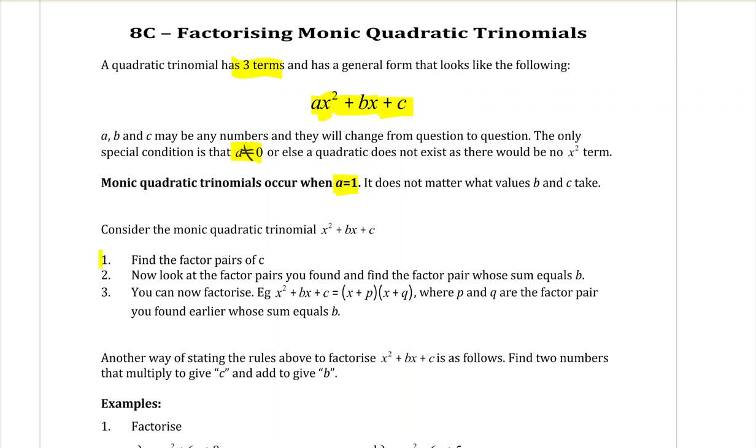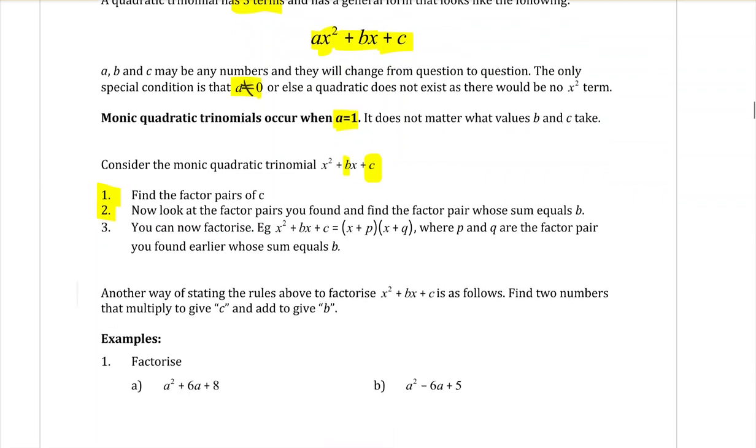We want to find the factors of c. In other words, we're looking for 2 numbers that times to give the number on the end, which is c. Then looking at all the factors that we have, we need to see which ones add to give the b, the number in front of the x. Okay, and that is the number that you need to put into your brackets.